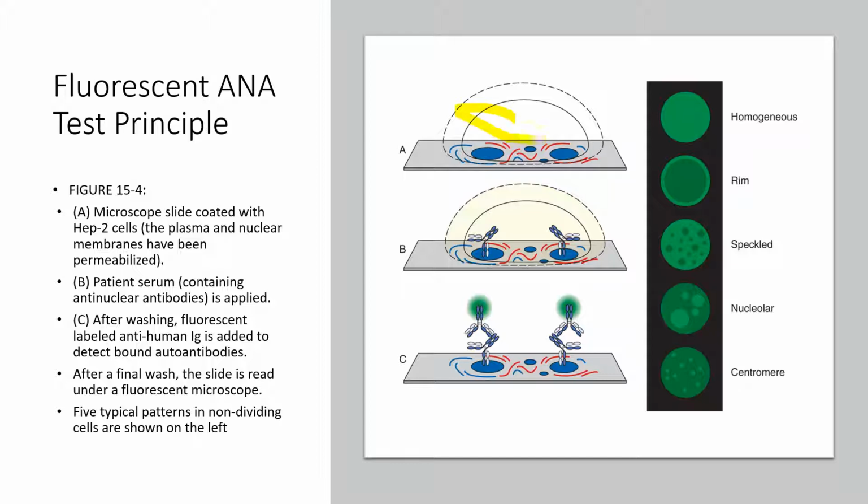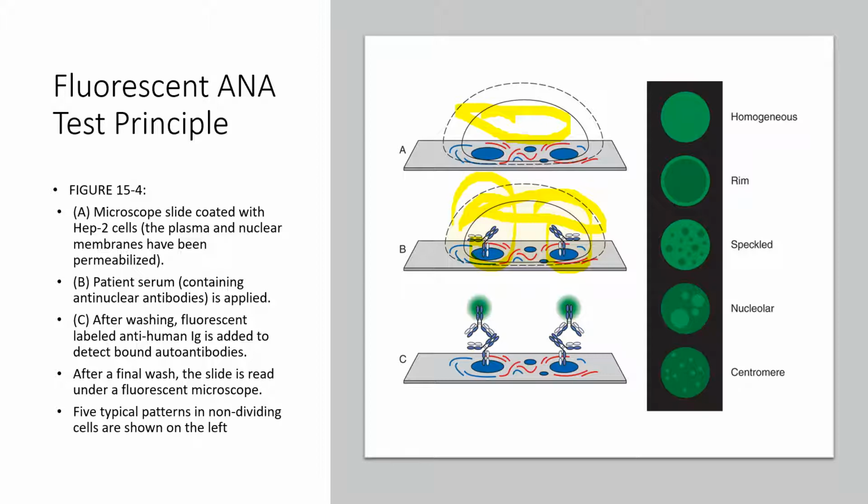So again, let me get my pencil here. As you see, the human cells are affixed to the slide. This little bubble right here represents putting the patient serum on, and if any antibodies happen to be present in said sample, they will attach to the slide. However, they are not visible at the moment.